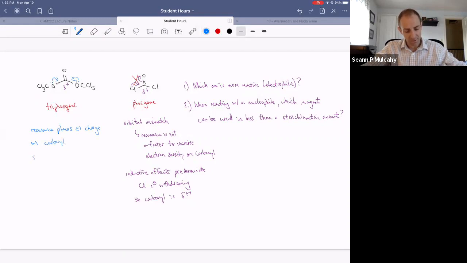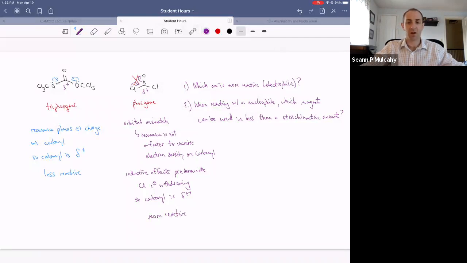So the carbonyl is, let's say, only delta plus. Not as delta plus as the phosgene is. So it's got a higher LUMO. It's less reactive. So this one is less reactive, and this one is more reactive.